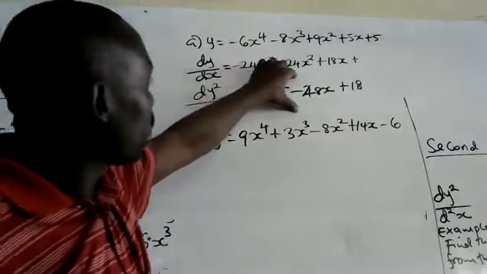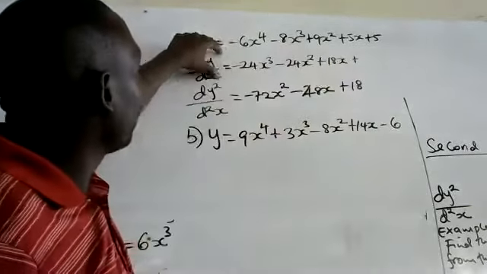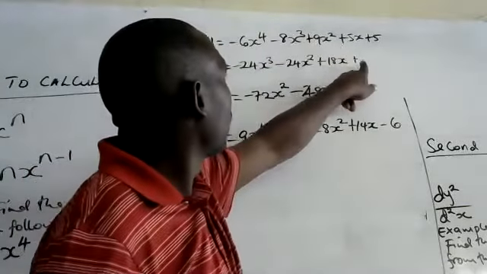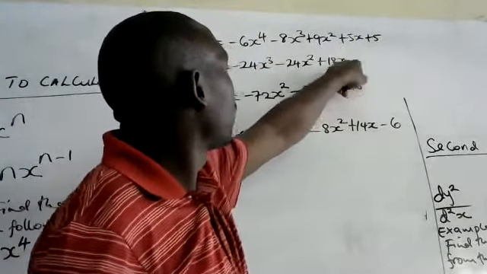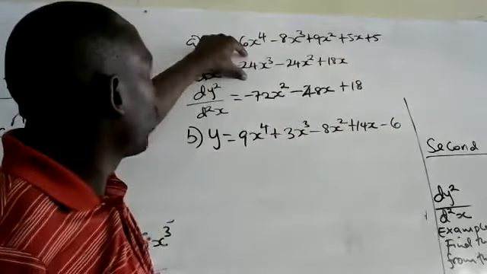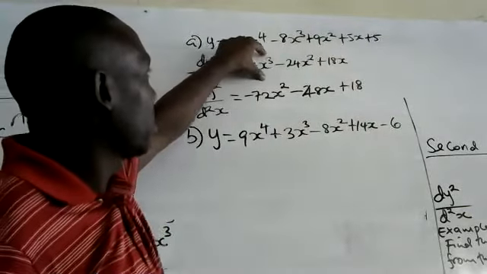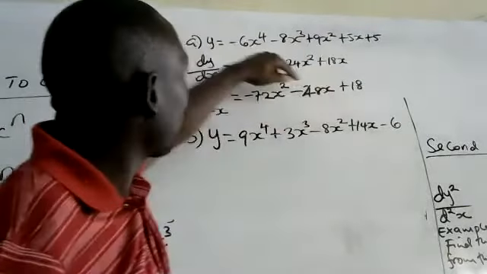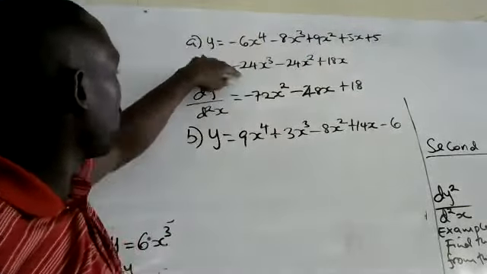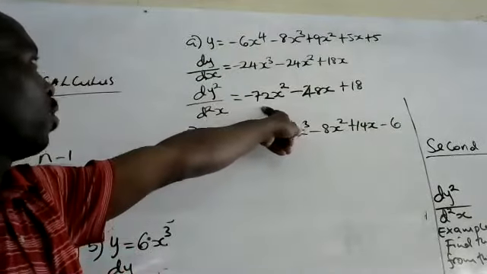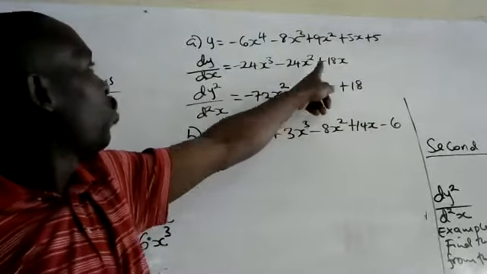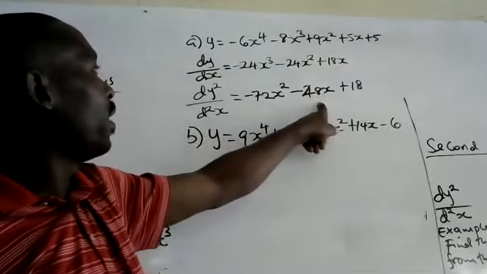Where we are getting this from, we are getting it from the first derivative. You see, after differentiating this, we got this function. Now you differentiate this function to get this. That's why 3 times negative 24 is negative 72. And then the power will reduce by 1 to be 2. 2 times 24 is 48.